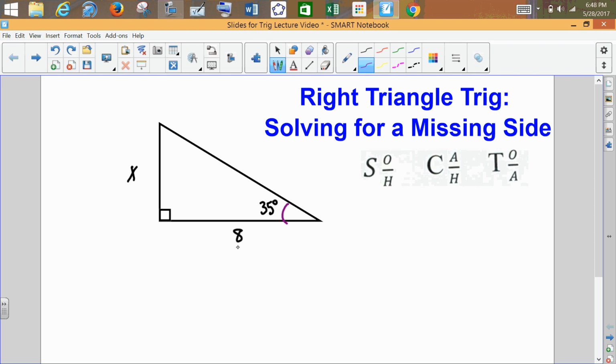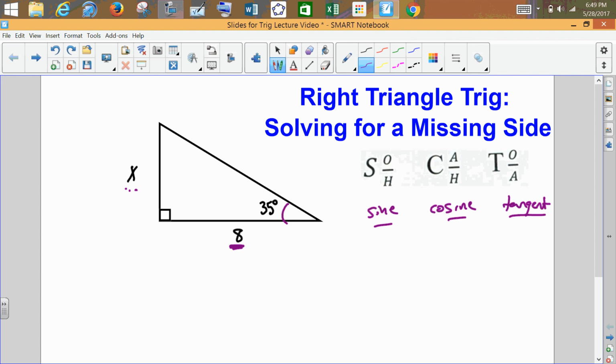I know the value of one side length, and I'm missing the value of this second side length. So using right triangle trig, sine, cosine, and tangent, I'm going to use one of those three trig functions to solve for this missing length x of my triangle.